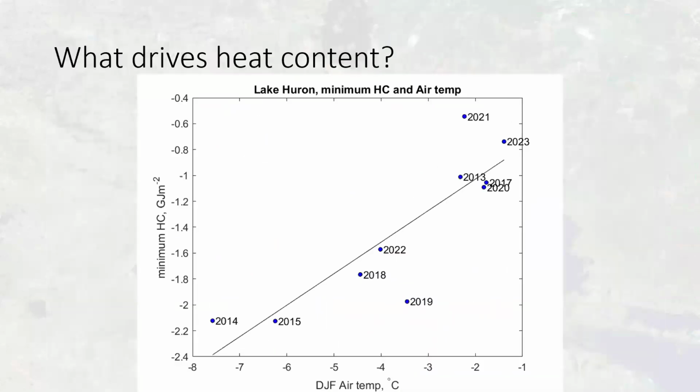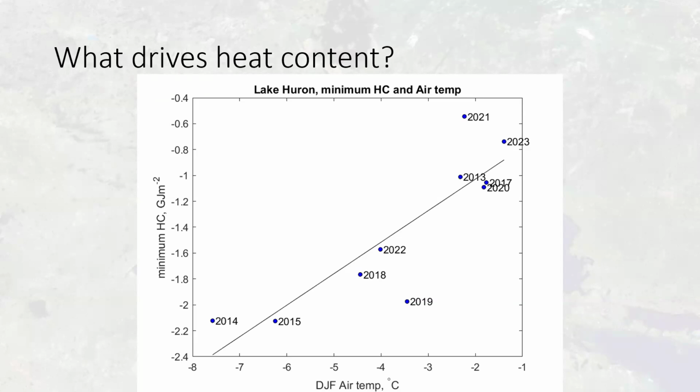Okay. What drives heat content? Why are some years warm, have high heat content? Why do some years have low heat content? Maybe not a great surprise. It's very strongly linked to air temperature. And so this is Huron data. December, January, February average air temperature on the x-axis, and then minimum heat content on the y-axis.